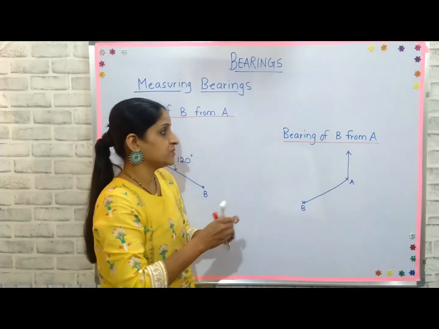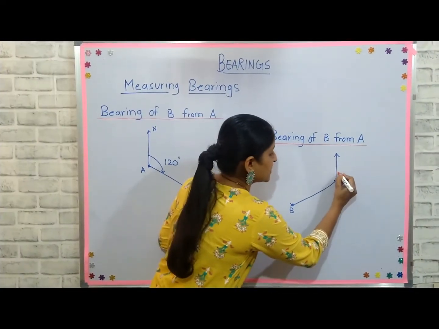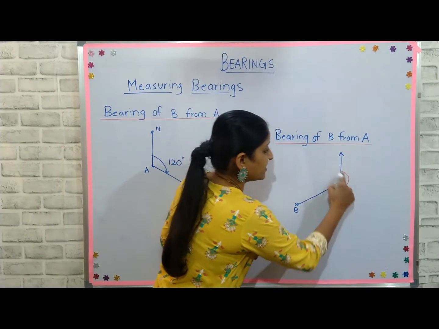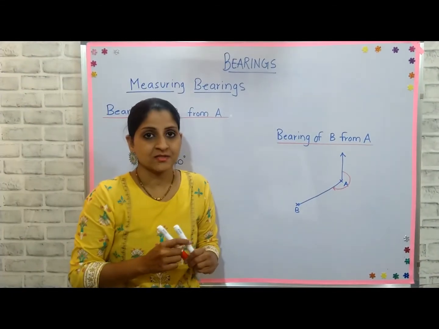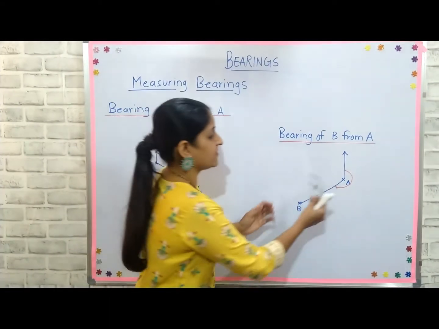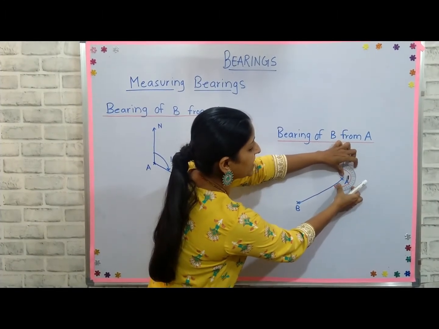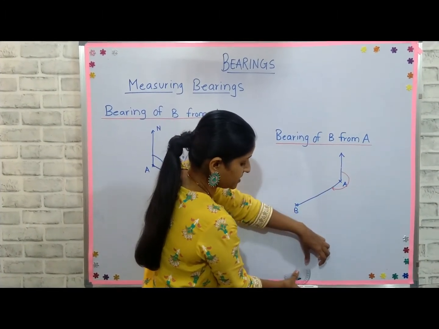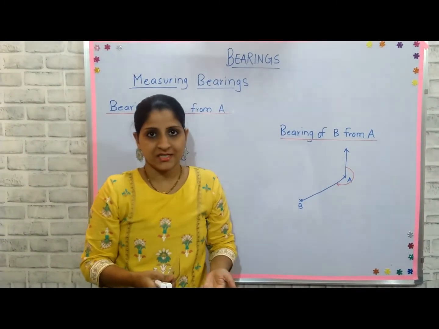As I told you, the bearing always has to be measured in a clockwise direction. If I measure this angle in a clockwise direction, it is a reflex angle. How will we measure this reflex angle? Even if I keep the protractor here, I will be able to measure the angle only up to 180 degrees. What will I do for angles which are more than 180 degrees?